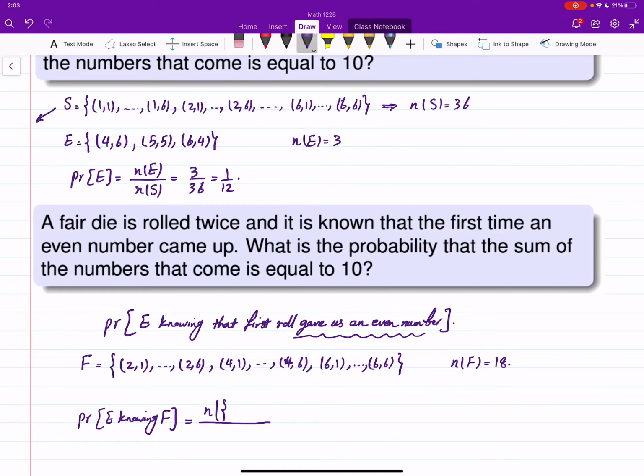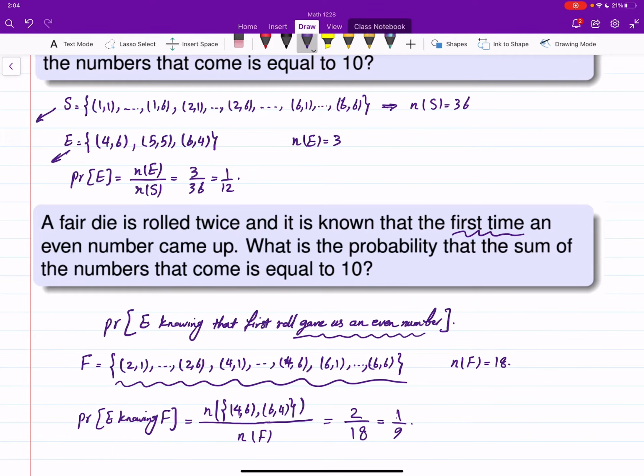Remember E was this, yes, but 4, 6, and 6, 4 are two acceptable cases. 5, 5 doesn't work anymore because we know that the first number was even, and 5 does not have an even first number. And then divided by the whole possible numbers that your equiprobable sample space has. I will write just n of F, and you see that this is 2 over 18, and that is 1 over 9.